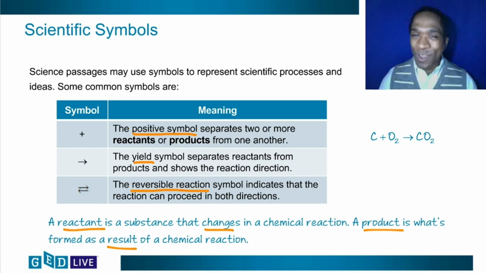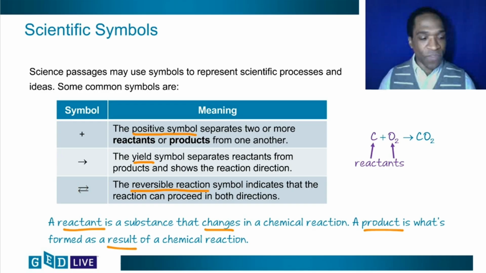So here's what we should go through. Let's piece together what we just talked about. What are the reactants in this process? Now remember, reactants can be separated by the positive symbol. So here they are: the carbon, or C, and the O2, the oxygen with two atoms.